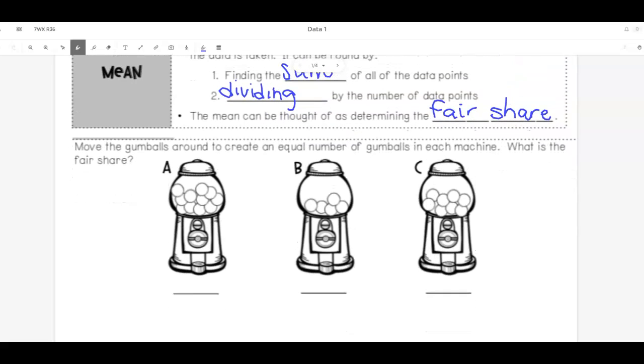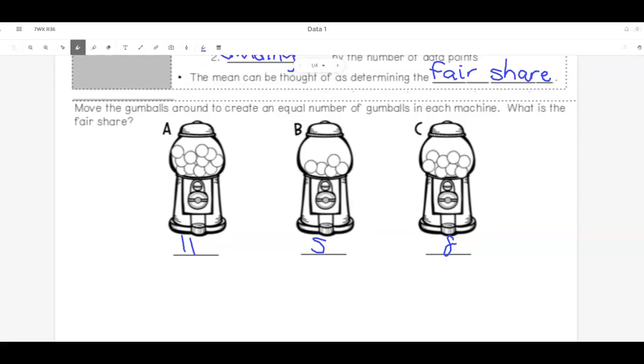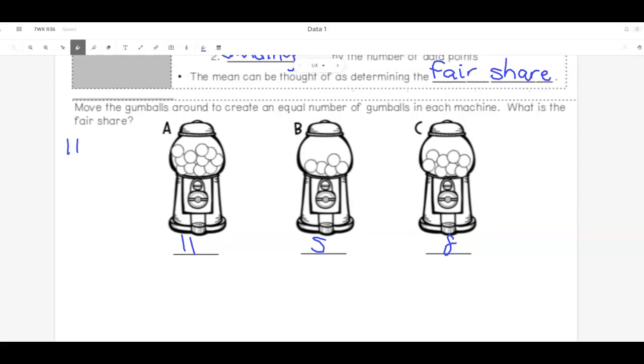All right, how many did you get for this first container? 11. How about this one? 5. Okay, so when I add them all together, I get 24. So first step was to add them. 11 plus 5 plus 8 gets me 24.